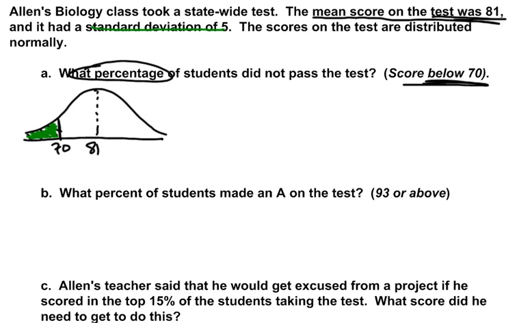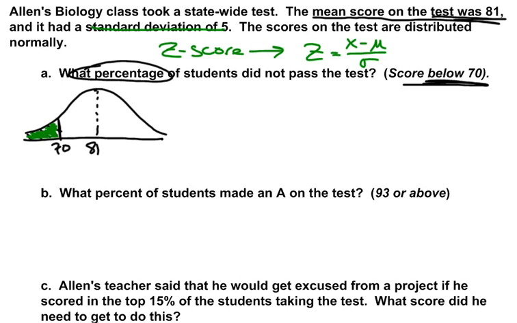And the way we do that is to use the Z-score. So we need to make sure we remember the formula for Z-score: Z is equal to X, whatever X we're looking at in the problem, minus mu, which represents our mean, divided by sigma, which is the standard deviation.